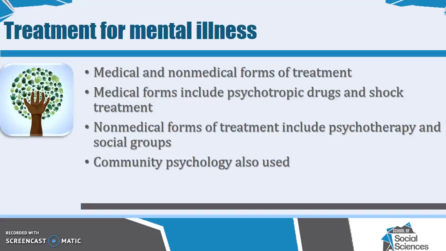There is a new and very successful treatment that is also in the form of community psychology. It is very extensive and dynamic, but when it is used, it works. This is where the entire community is involved in the treatment of mental illness.